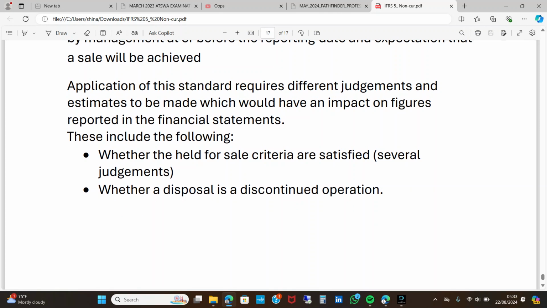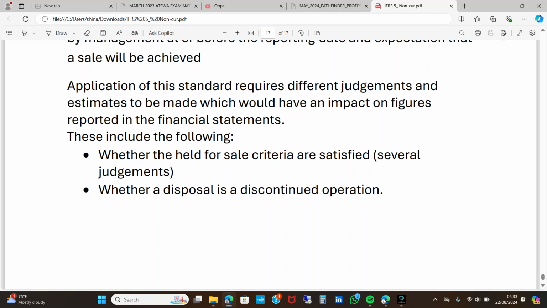Let's take an example. Let's look at all those criteria we have to meet. Remember, we said the first one is that the asset must be available for sale in its present condition, subject to terms that are customary to such sale. All right. Now, please note that if you want to determine whether an asset is available for immediate sale, there's no standard to judge that.